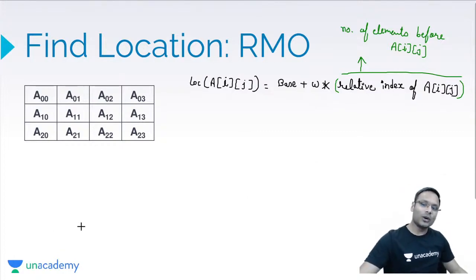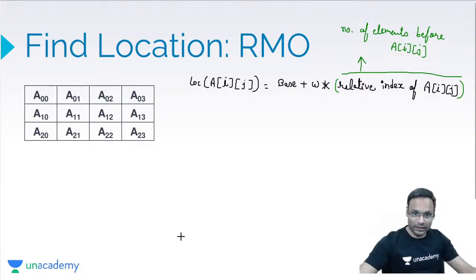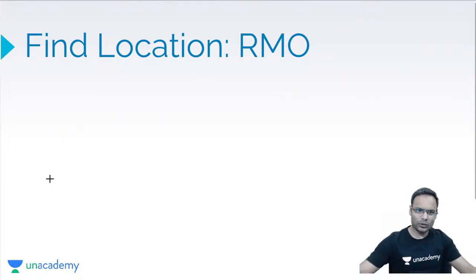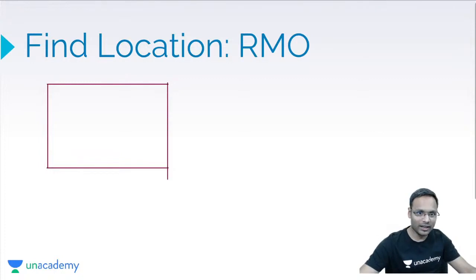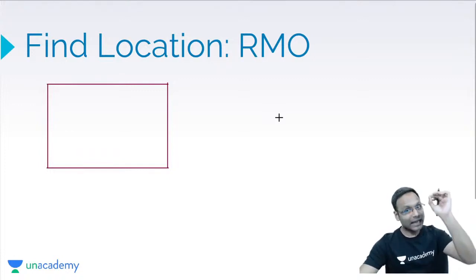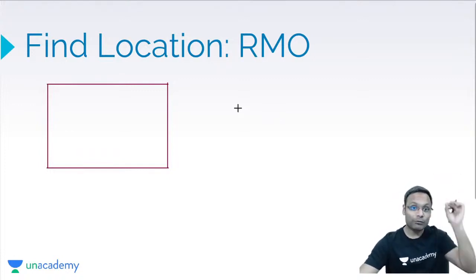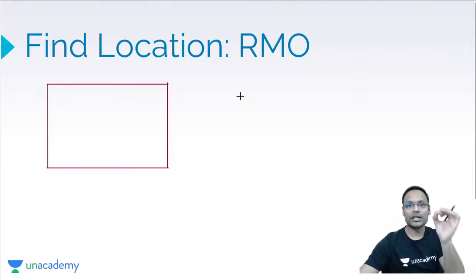Got it? Let's try to understand how many elements are there before this ij. First of all, let me explain. Look at this. You will certainly enjoy this method of making the formula, and once you understand this, you will never get any doubt, any query, any question, any kind of confusion regarding these row major and column major orders.